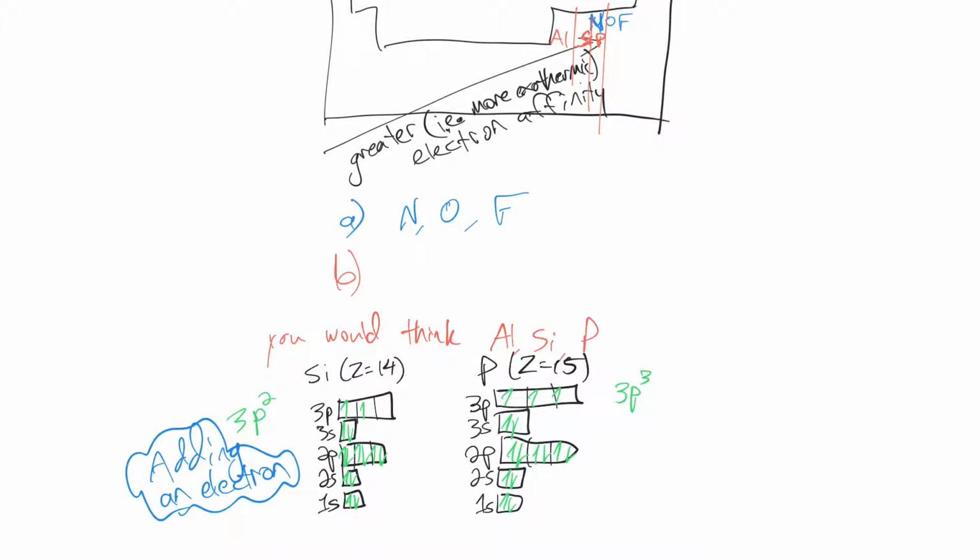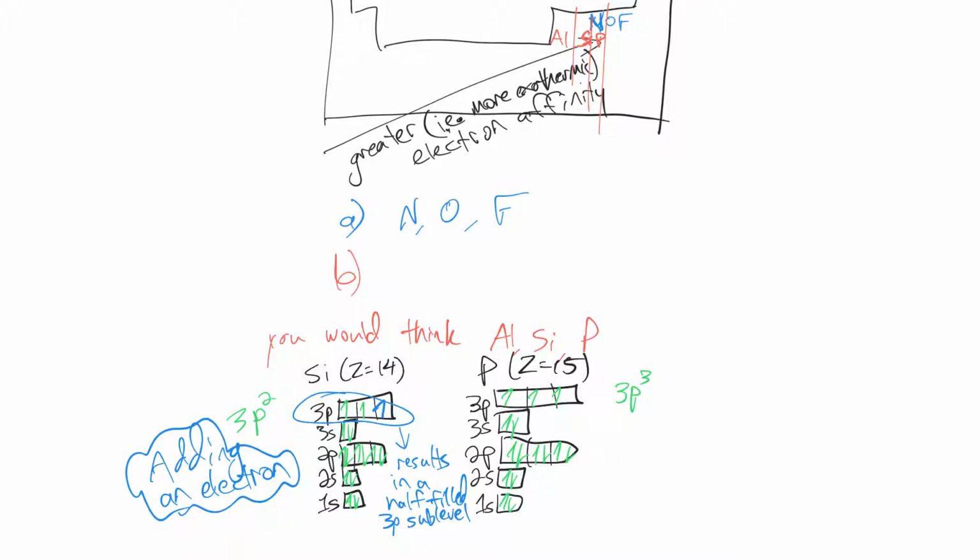Well, in the case of silicon, it would go in the third orbital in the 3p sublevel, resulting in a half-filled sublevel. There's an extra energetic favorability in achieving a half-filled sublevel.